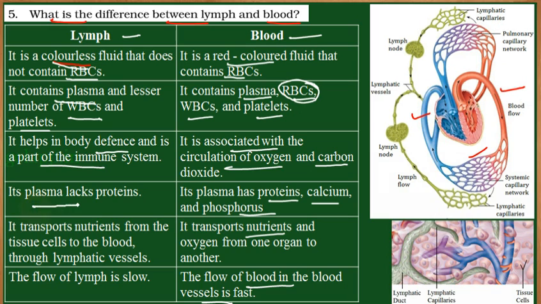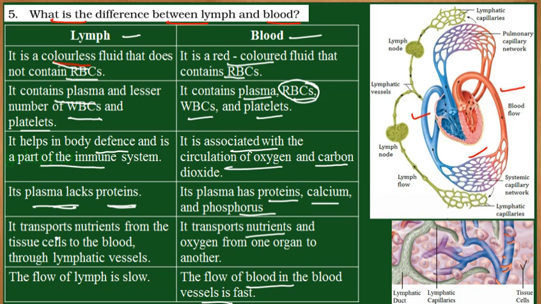Now, the plasma present in the lymph does not contain any proteins, whereas blood contains proteins, calcium, phosphorus. The plasma of lymph is devoid of proteins.